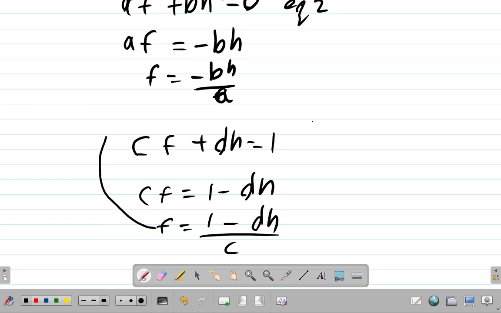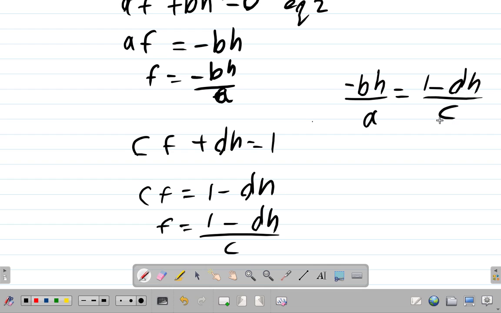So now, F is equal to F. Therefore, this is equal to this. Alright. So what we have is that negative BH divided by A must be equal to 1 minus DH divided by C. We multiply both sides by A and also by C, which we call cross multiply.